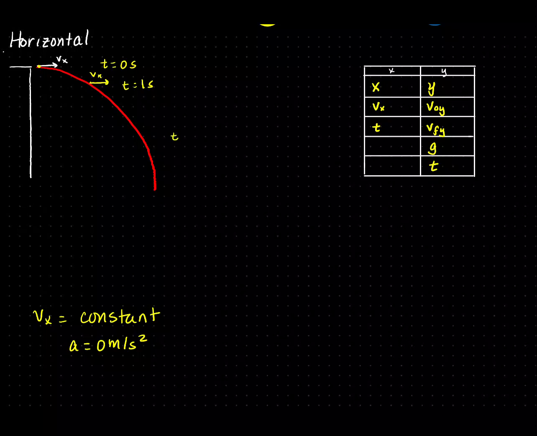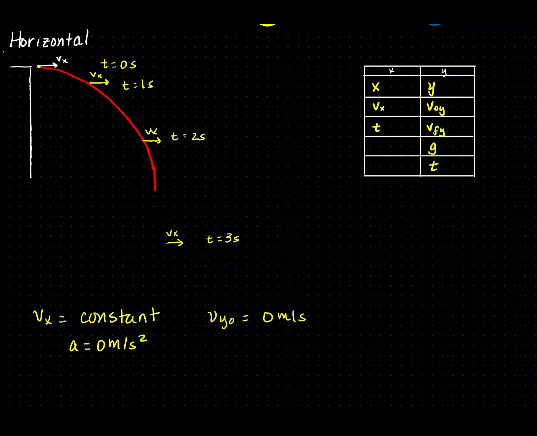At t equals 2 seconds, my Vx is still the same because there is no acceleration, so my Vx will not change. And at t equals 3 seconds, my Vx is still constant, so it will be horizontal with the same magnitude and direction.